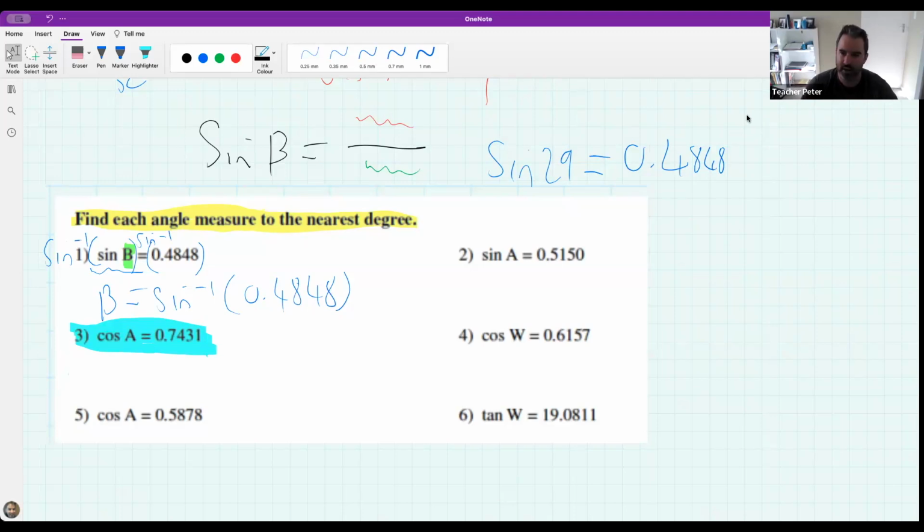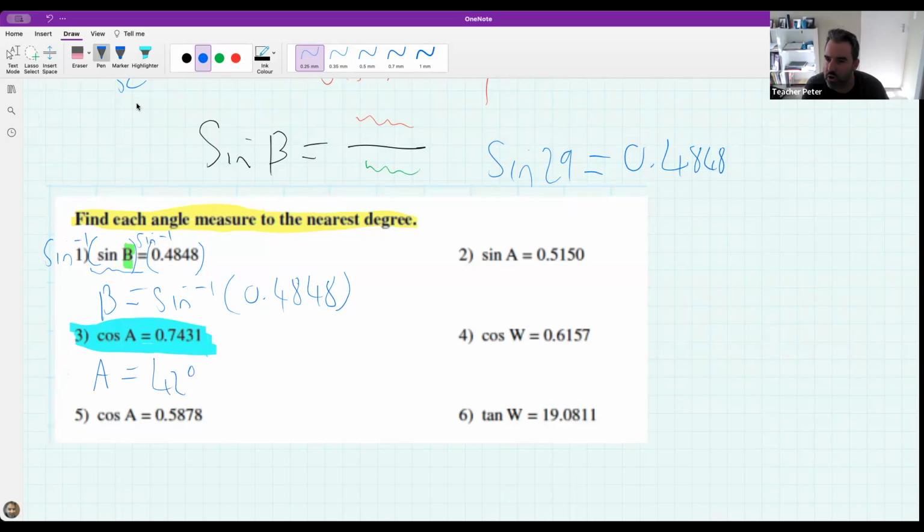Maybe let me do it on my calculator too, so I don't get FOMO here. Shift, cos, 0.7431, and I get 42.003. So essentially I get A is equal to 42 degrees. So the answer to this trig equation is 42 degrees.